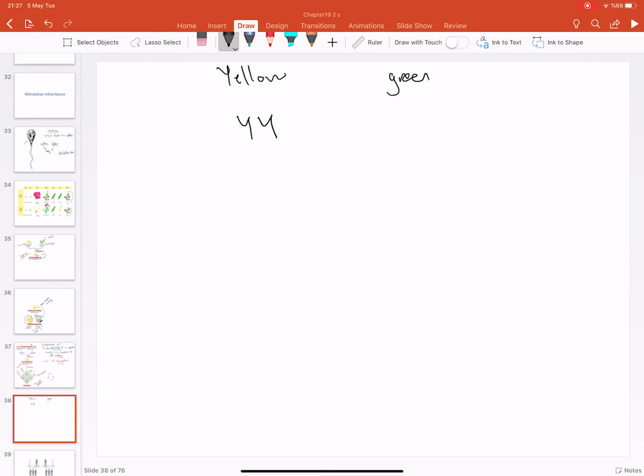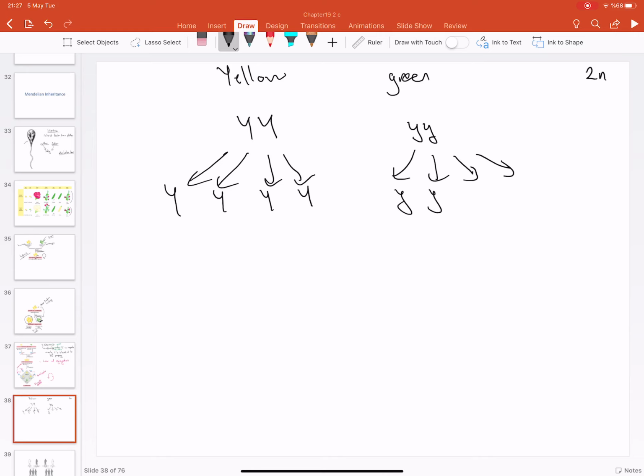But the pea plant is a diploid organism like human, so there must be 2. In the green, there is this small y. So in the meiosis, they divide into 2. So it's going to produce gametes. Well, actually, each cell is going to produce 4 gametes. But they will be all capital Y here, and they will be all small y here.